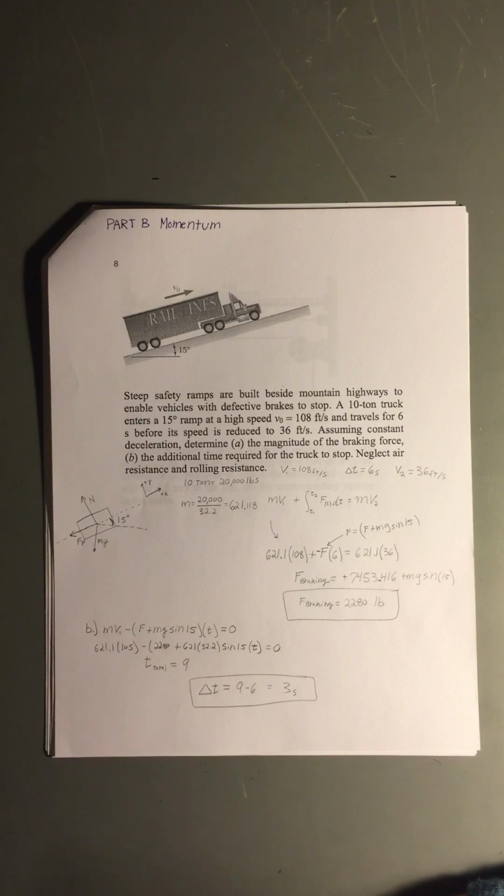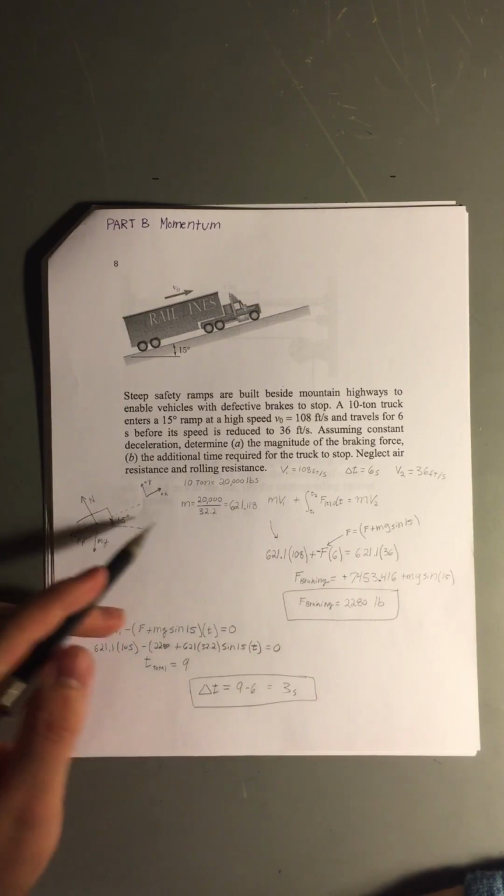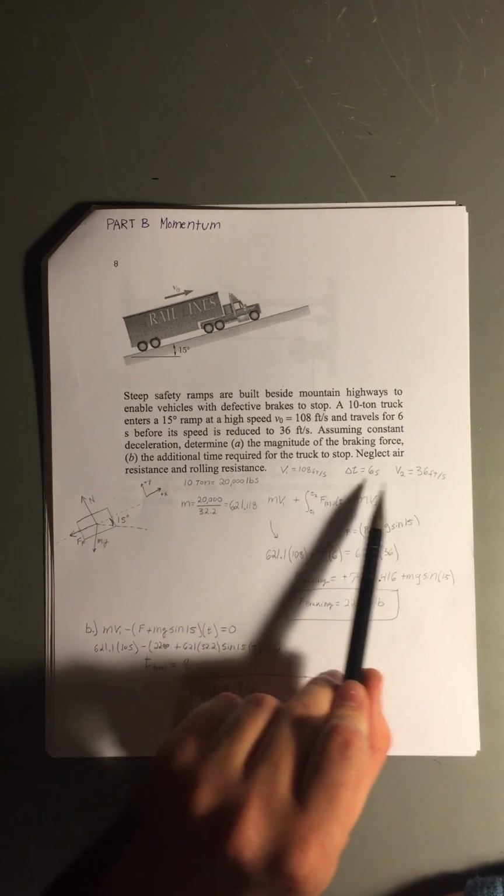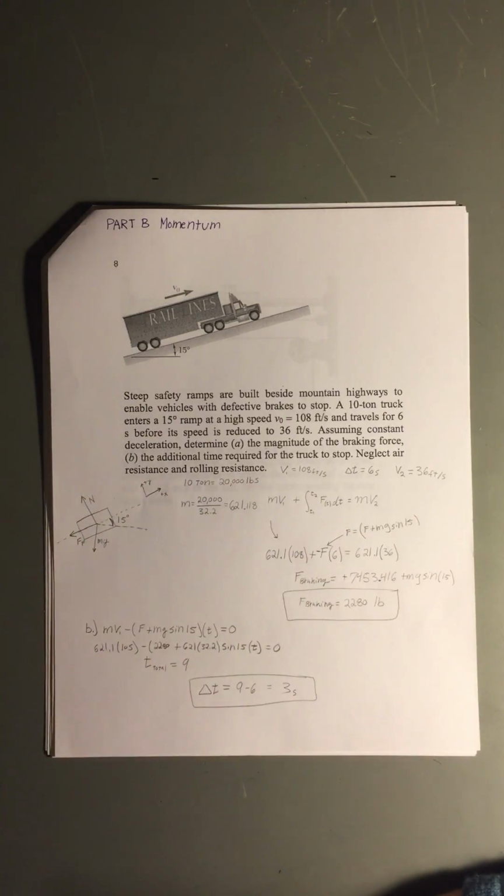braking force. And so to do that, the first thing I did was draw this little free body diagram and label my axis there with positive x going up the ramp to help me kind of think through the problem. Then I also looked at what the problem told me, so these were the things I was given in the problem.